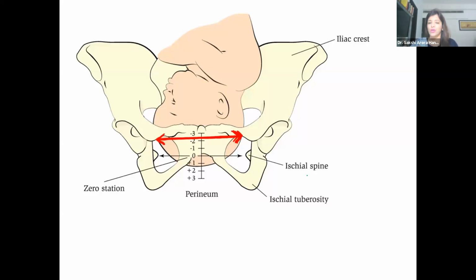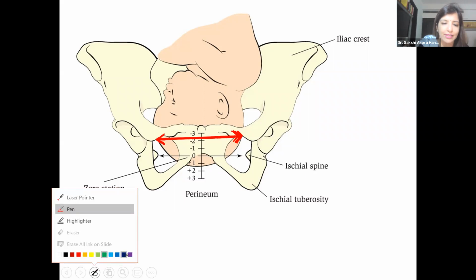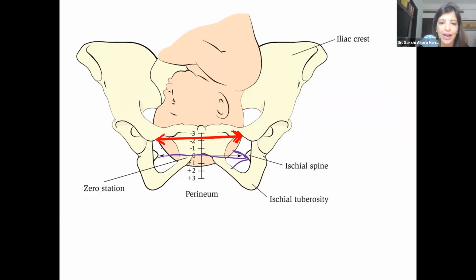And just now I told you engagement means that the head of the baby should be at 0 station. That means engagement would mean that the head is at this level. Then I am going to say that the head is engaged. So the head entering the pelvis and the head being engaged are two very different things.